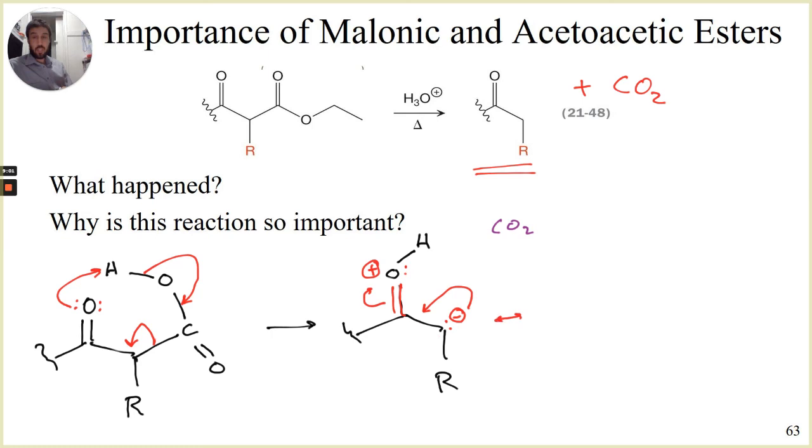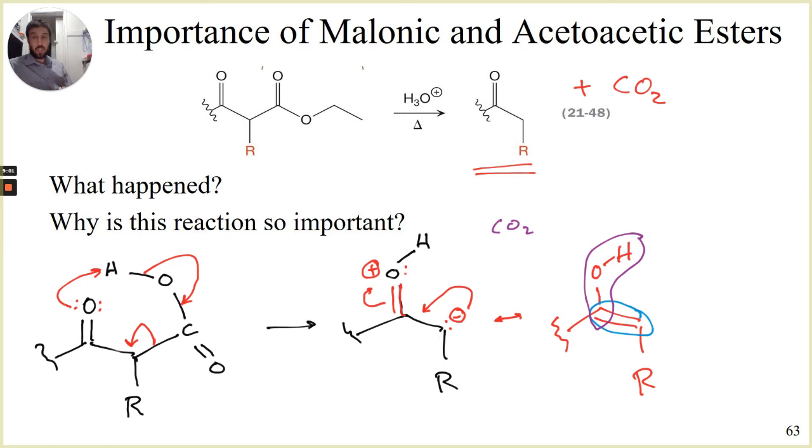And if we drew out that resonance, what we would see forming would be what functional group? An enol. The whole reason this reaction works is because of the stability of the enol.